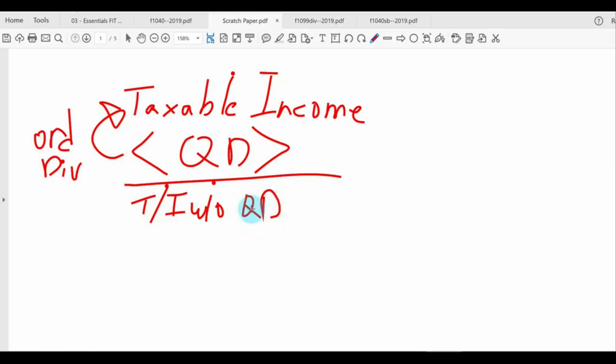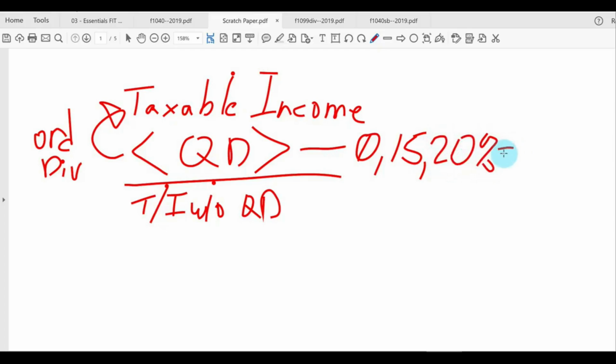Now what we're going to do is tax this qualified dividend either at 0% or, for most people, 15%, or for the very rich people, 20%, to get a tax on the dividend.